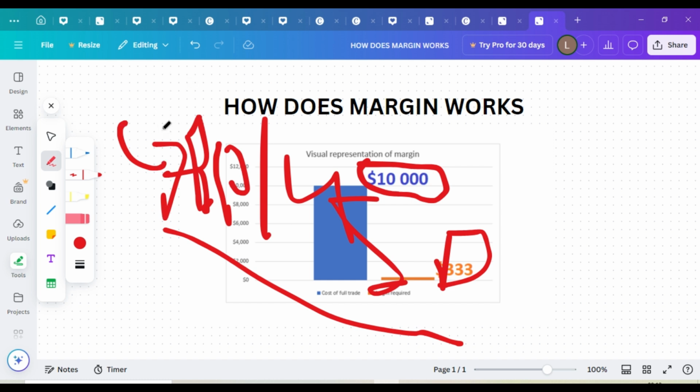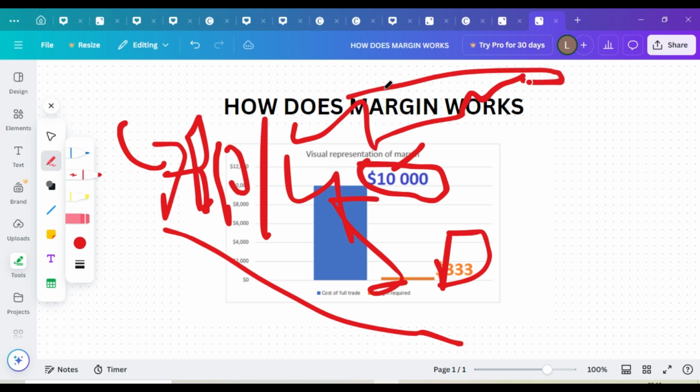So your account balance is 10,000 USD, and you want to trade this pair. You want to buy because the market is bullish. You reach this point, you want to enter a trade here, or you want to enter a trade here, which is going up.